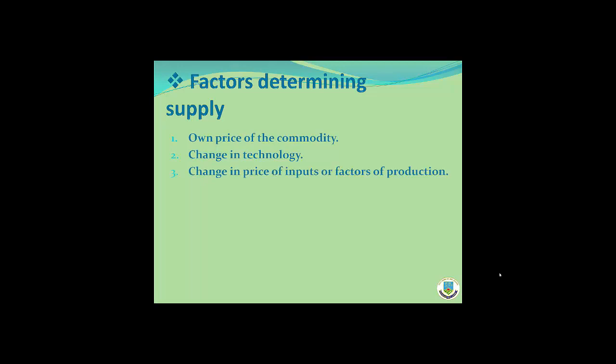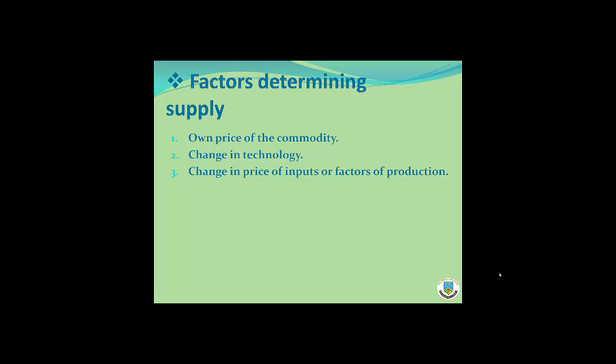Next, point number 3. Change in price of inputs or factors of production. Change in price of inputs or factors of production also influences supply of a commodity. Here inputs means raw materials used for the production of goods and services. When the amount payable to factors of production and cost of inputs increases, the cost of production also increases.